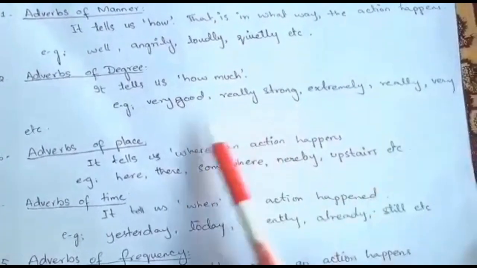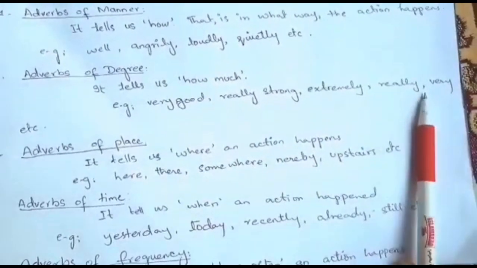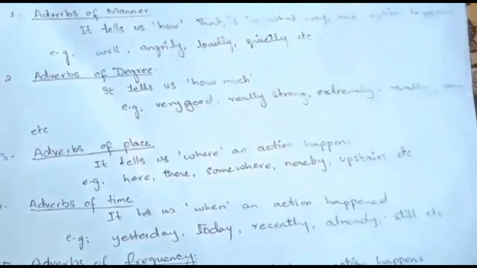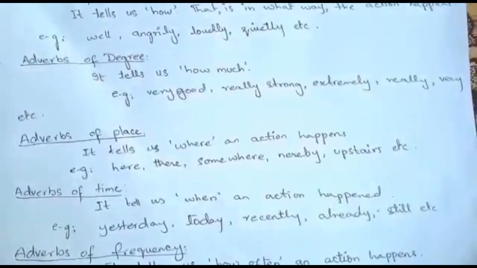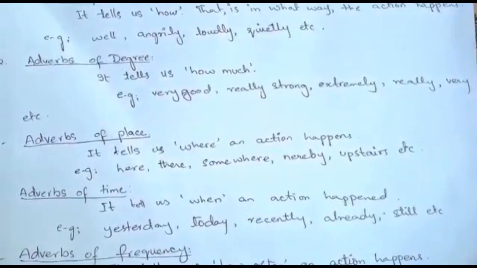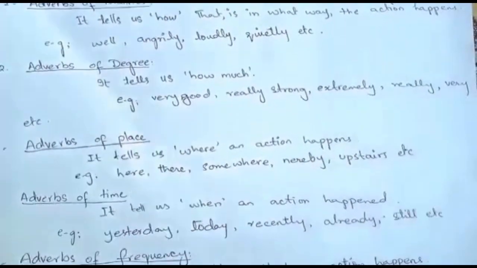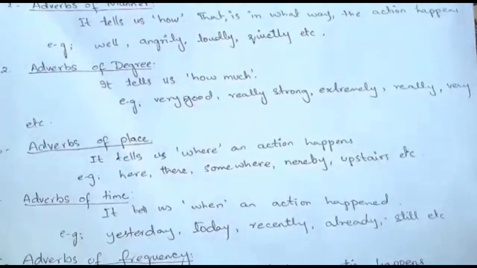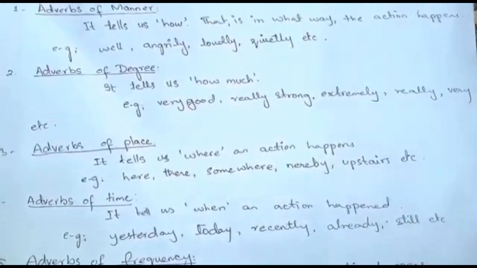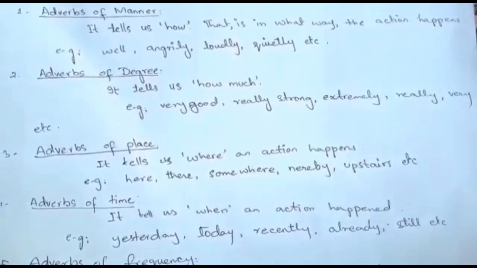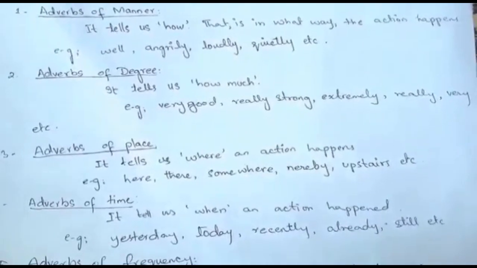So these are the words which show the degree of anything. For instance, the soldiers are really strong, or the soldiers are very brave. So this example is showing you the degree of the soldiers, how strong or how brave they are.